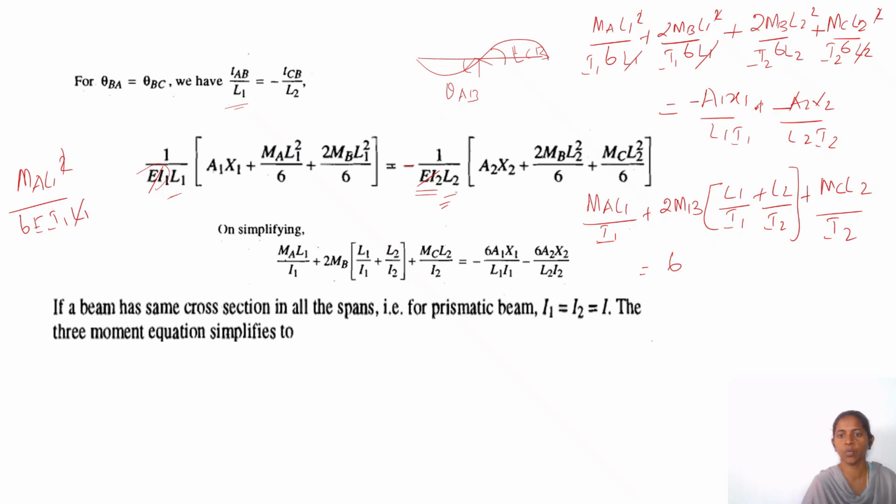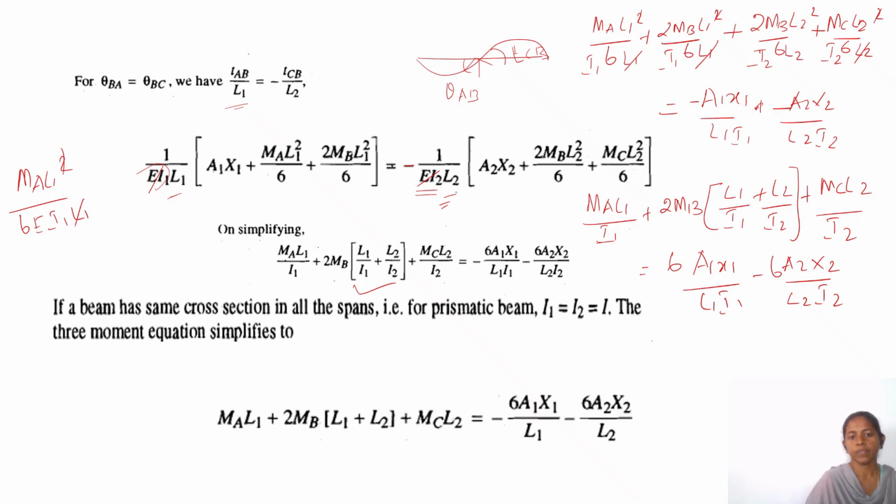So it will become numerator, so minus 6A1 X1 by L1 I1 minus 6A2 X2 by L2 I2. So you will get this equation. Where I1 equals I2 equals I, you can imagine it's a prismatic beam, and you can simplify this equation like this.